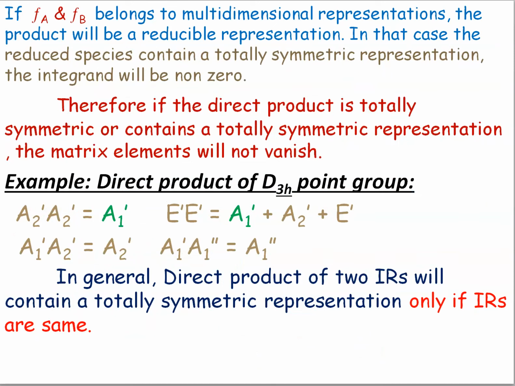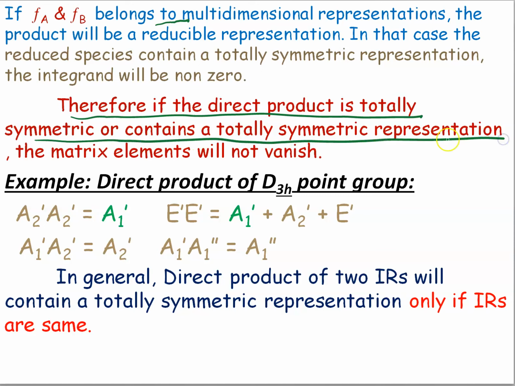If fa and fb belong to... this is a very important point you have to keep in mind. If the direct product is totally symmetric or contains the totally symmetric representation, the matrix elements will not vanish.